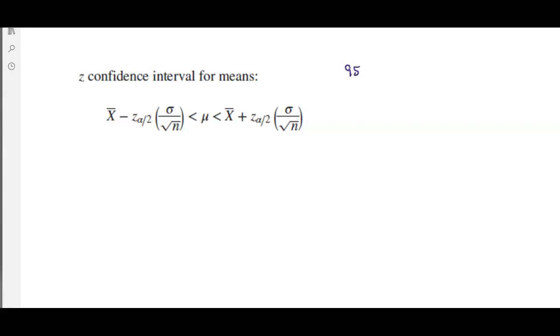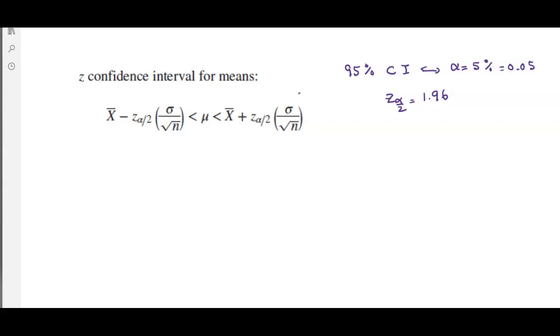Because we are looking for the 95 percent confidence interval, it happens that this is the same thing as saying alpha equals 5%, and actually this is 0.05. That's our alpha. So the z alpha over 2 that we have here is actually going to be 1.96, the same alpha that we used for z critical.